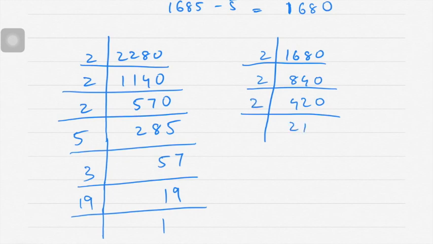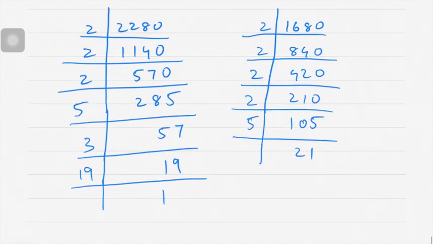2840, 2420, 2 2s are 0 5, 5 21, correct?